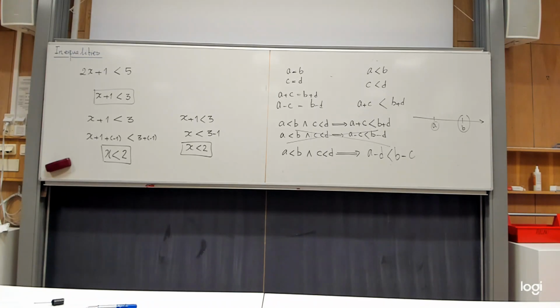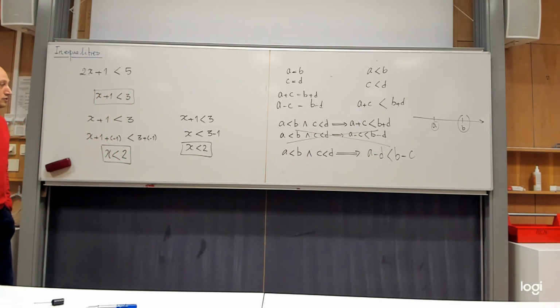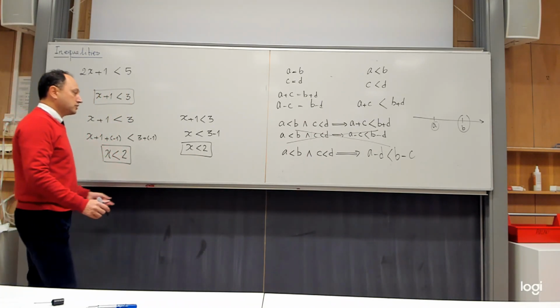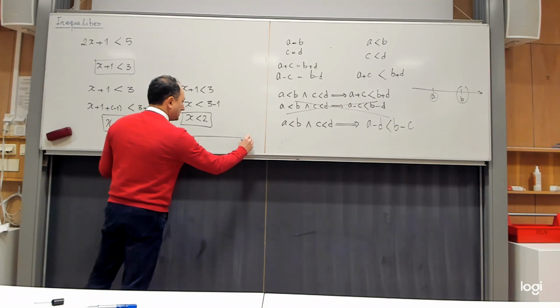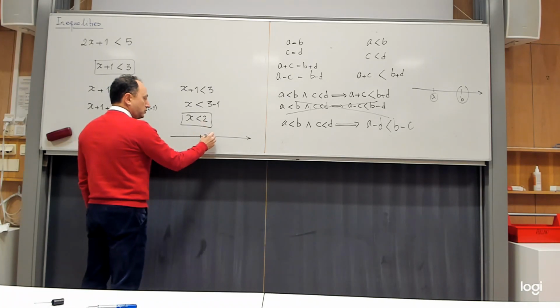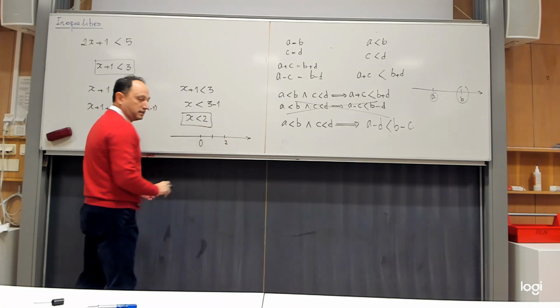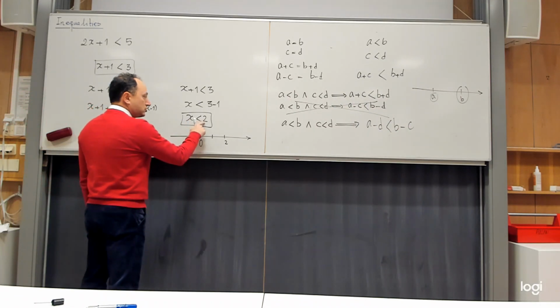Another thing you need to learn in this lesson is that they ask you to draw a diagram for the solution. What you're supposed to do is take the x-axis, usually you put the origin and the numbers 1 and 2, and then change your color. It is less than 2, it is not including 2 itself.